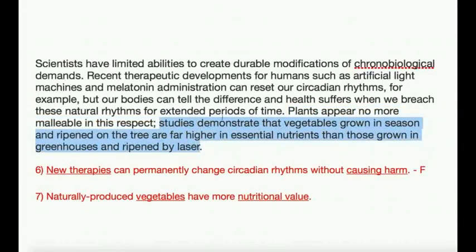Studies demonstrate that vegetables grown in season and ripened on the tree are far higher in essential nutrients than those grown in greenhouses and ripened by laser. So vegetables grown in season and ripened on the tree, that's going to be naturally produced vegetables.